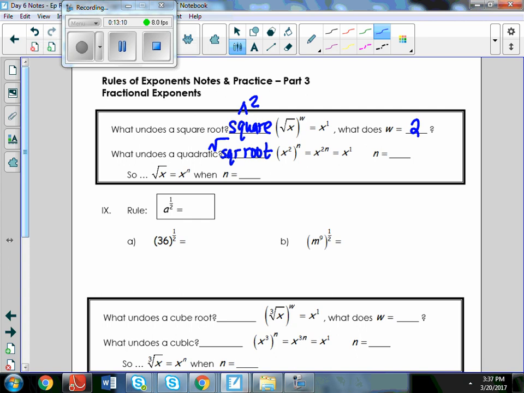And then the other one, if I wanted to take x squared and create x to the power of 1, I need 2 times 1/2 would give me x to the 1. Okay, and somehow they think that kind of helps you wrap your mind around the rule that the square root of x is the same thing as x to the 1/2 power.